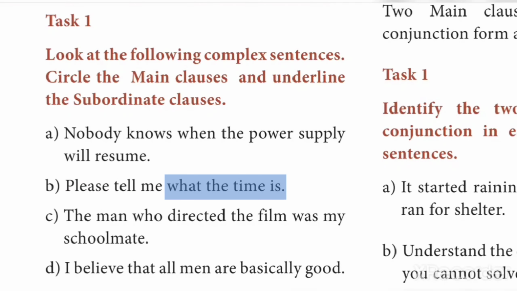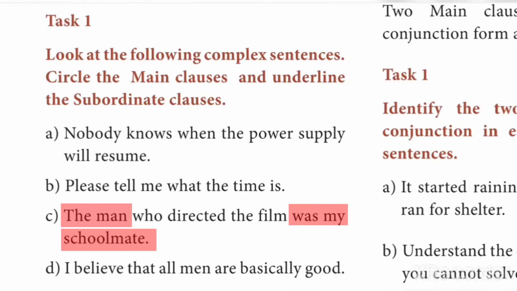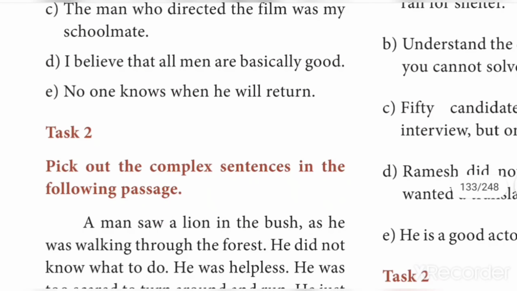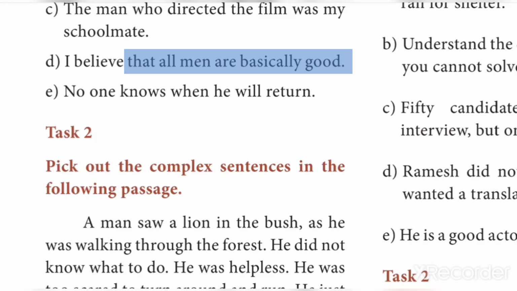What the time is the subordinate clause. And in C, the man was my schoolmate is the main clause. Who directed the film is the subordinate clause. And in D, I believe is the main clause. That all men are basically good is the subordinate clause.